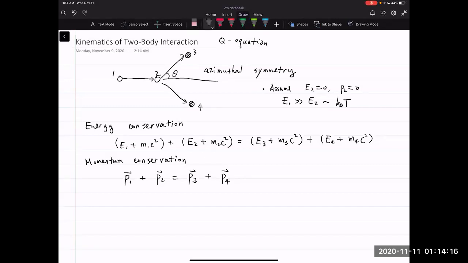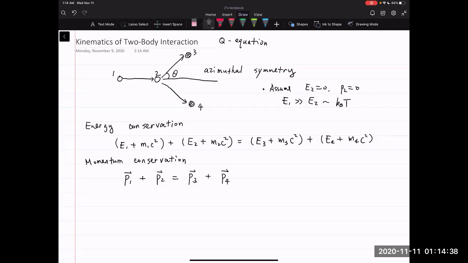Of course, an important example of this would be the neutron slowing down process. After a nuclear reaction, a fission process, we have neutrons with energy of MeV. Then we can slow them down to sustain the chain reaction.